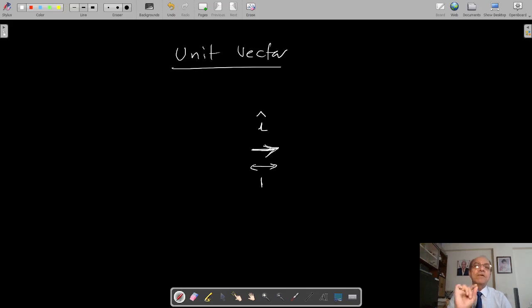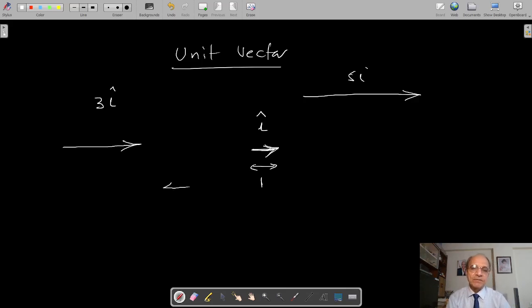Now, if I want to write 3I, that means 3 times this, so I immediately write 3I like this. If I want to write 5I, I immediately write 5 times this, 5I. If I want to write minus I, the opposite of I will be minus I, and there is always a cap.